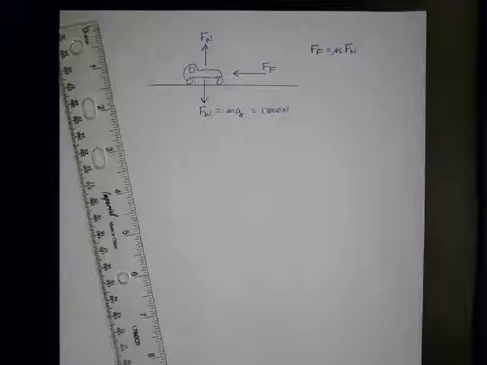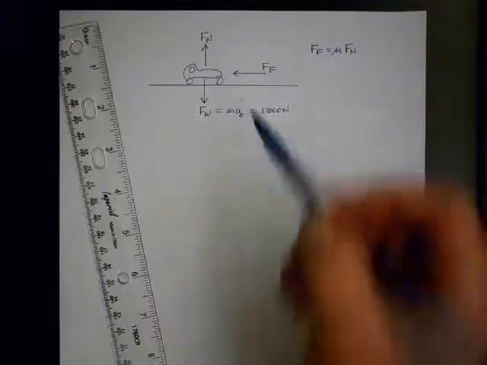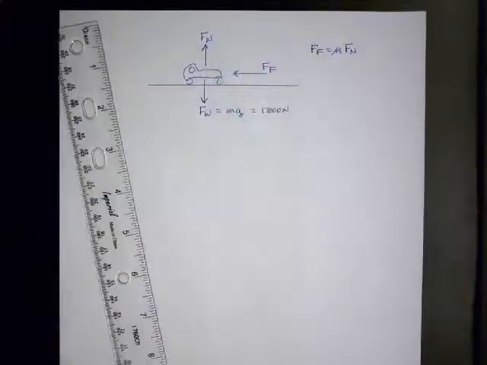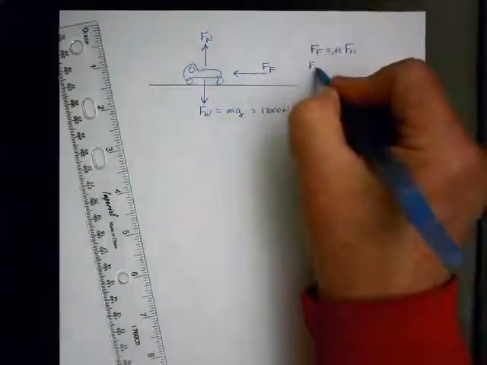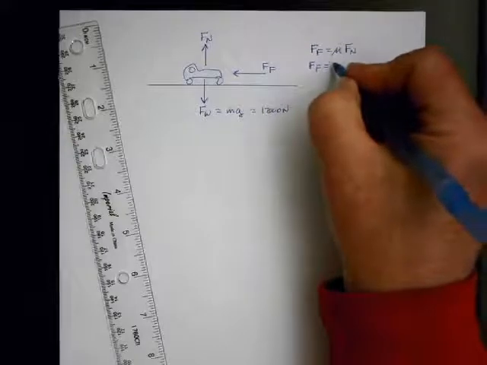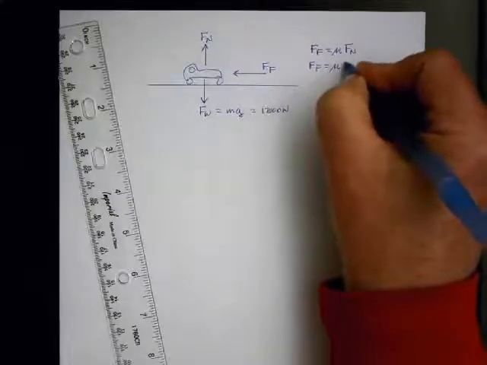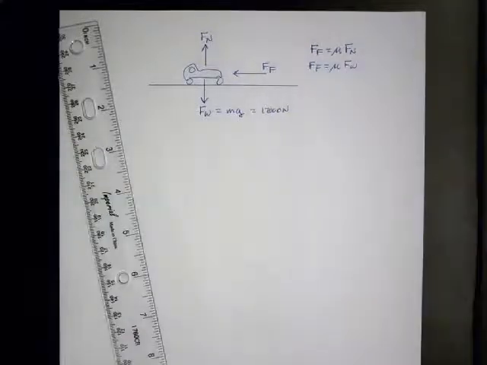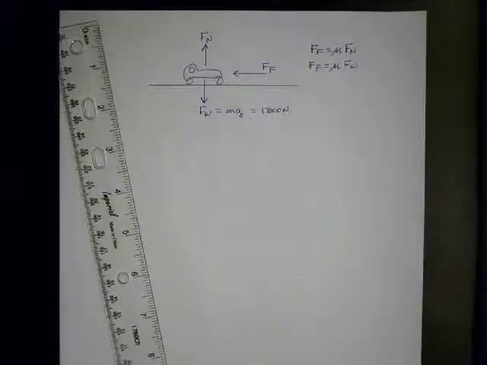Okay, it's going 75 miles per hour. There's my coefficient of friction. In this case, because I'm on level ground, the force of friction is going to equal mu, the coefficient of friction, times Fw.